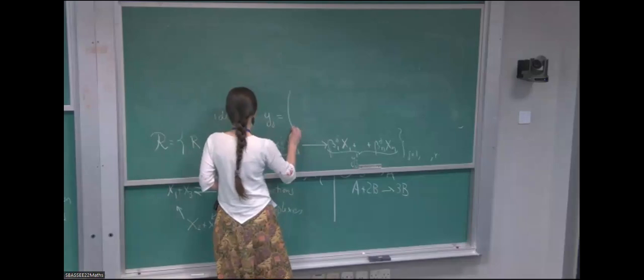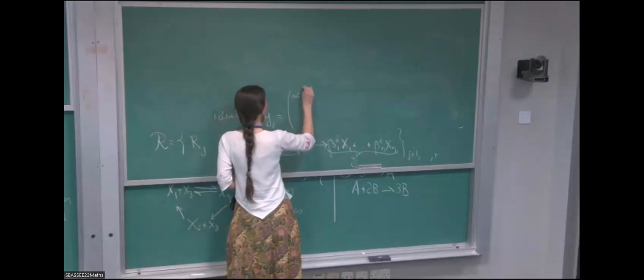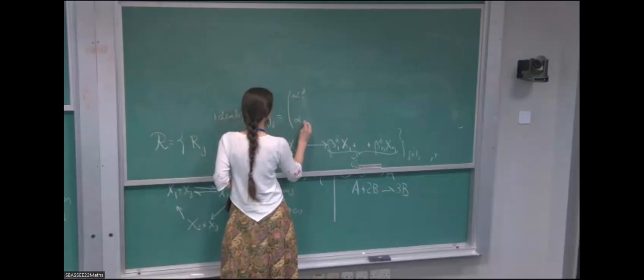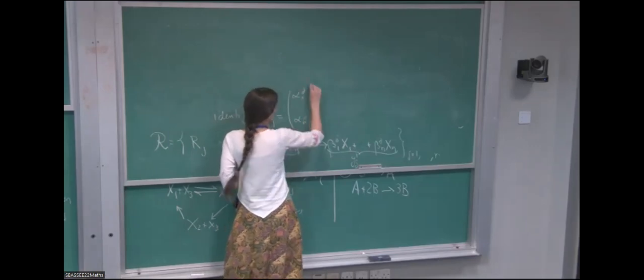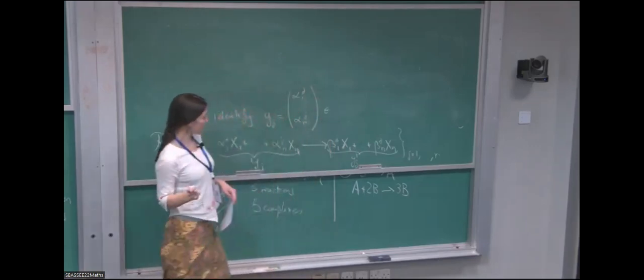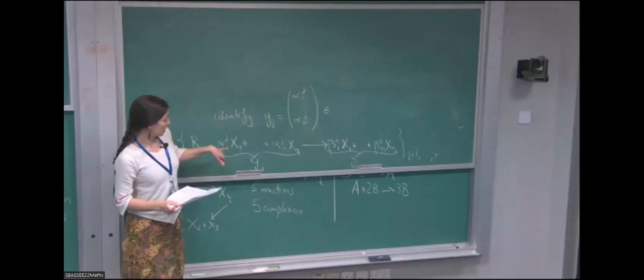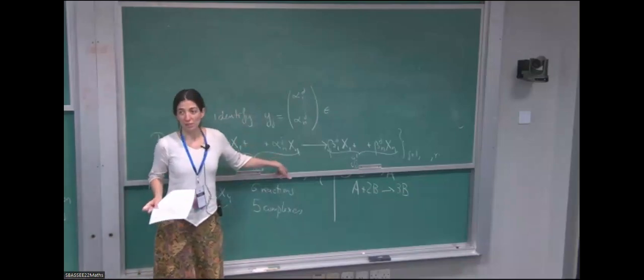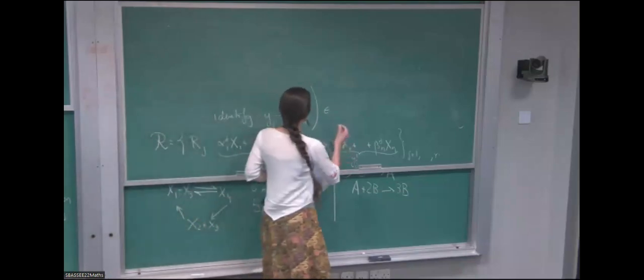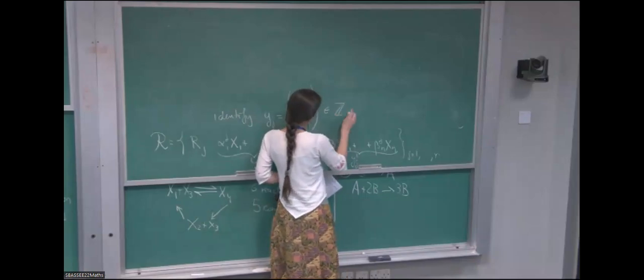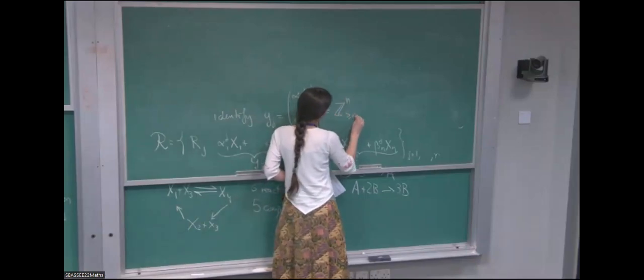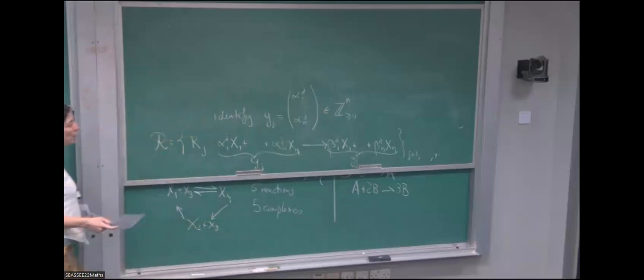So it would be a vector of n entries which are positive or non-negative numbers, meaning how many entities of each species form that complex.